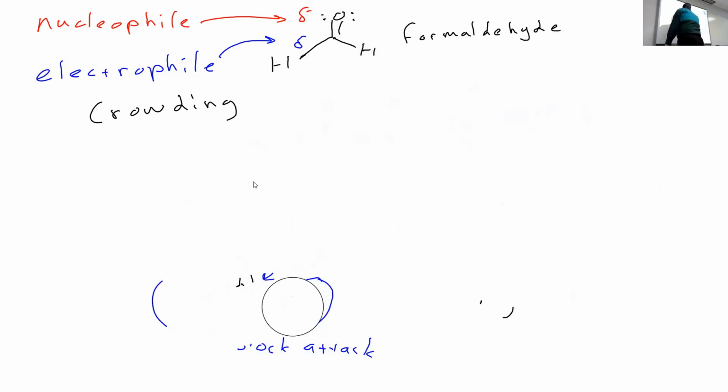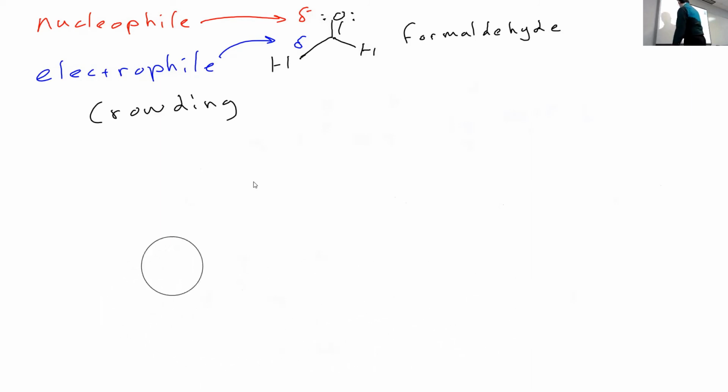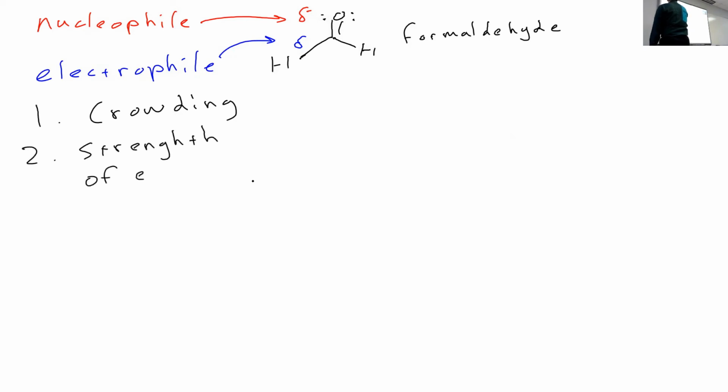Okay, so our first factor is that crowding, where the more crowded it is, the more difficult it is for our nucleophile to attack. The second factor is the strength of our electrophile.